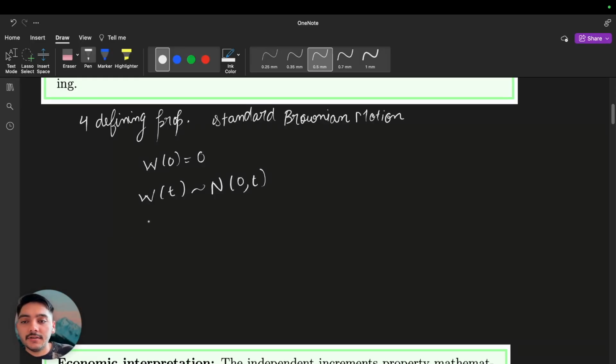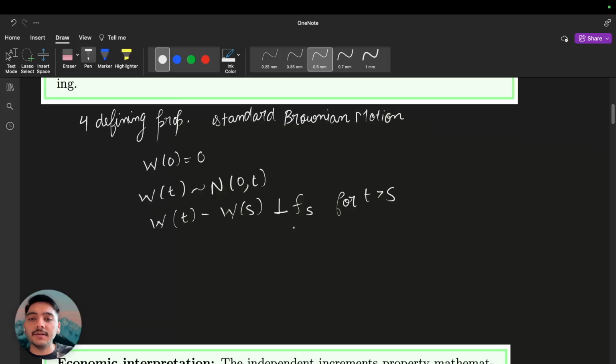And W(t) minus W(s) is independent of Fs for t greater than s, and W(t) minus W(s) follows a normal distribution with mean 0 and variance t minus s for t greater than s.